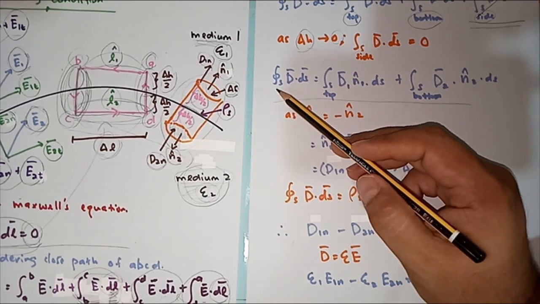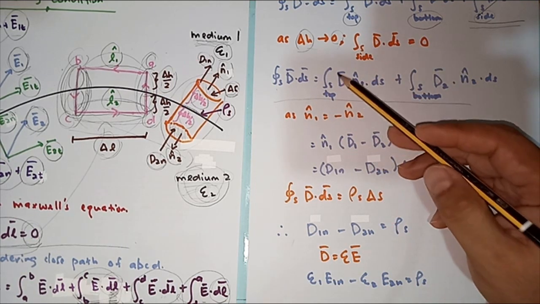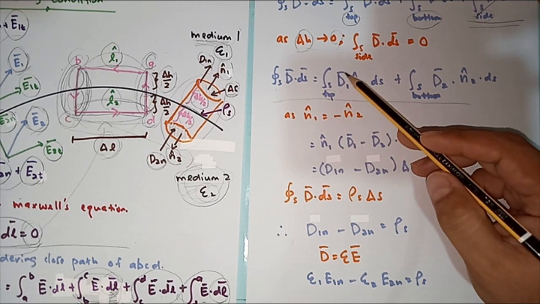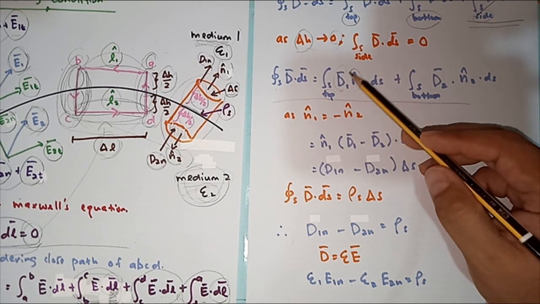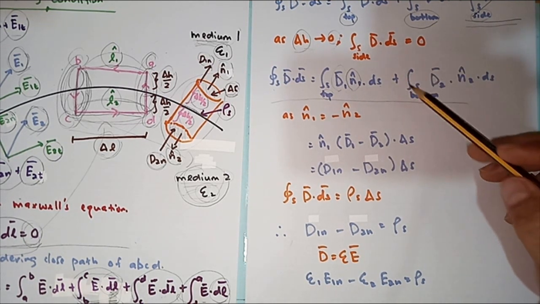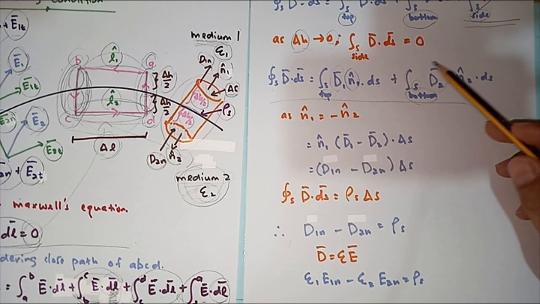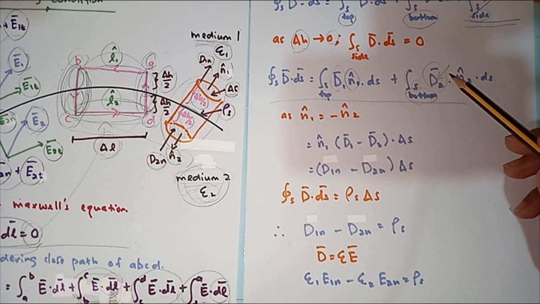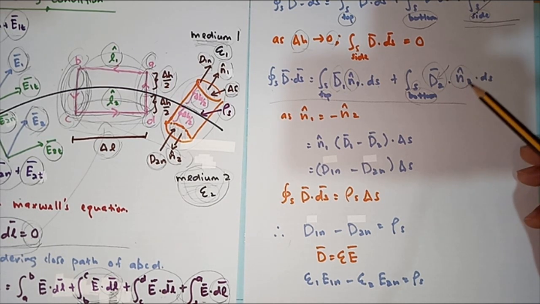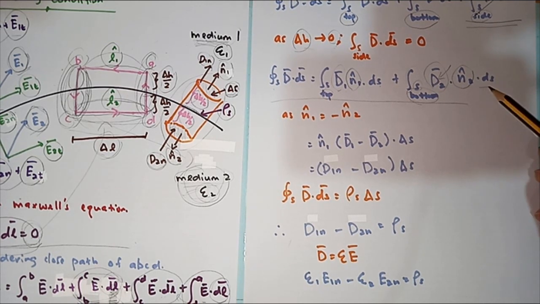Whereas the closed surface integration of vector D dot dS is equal to the surface integration of the top, so D1 vector multiplied by the unit vector for the area dot dS, plus the surface integration for the bottom, so the vector D2, which is the electric flux that exists in medium 2, dot with n cap 2, the unit vector for the area on the bottom surface, dot dS.